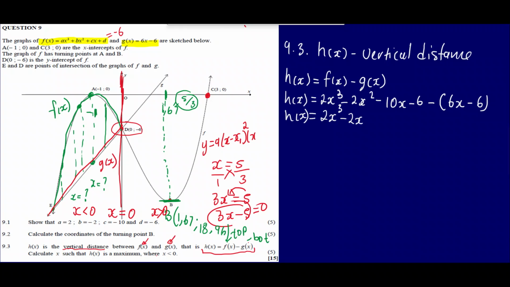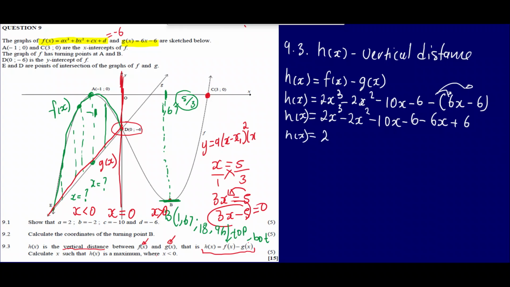So let's go and simplify this. We want to create an equation, and this equation, we will simply get its first derivative. So minus 6 minus, and if you multiply this, you're going to get minus x and then plus 6.